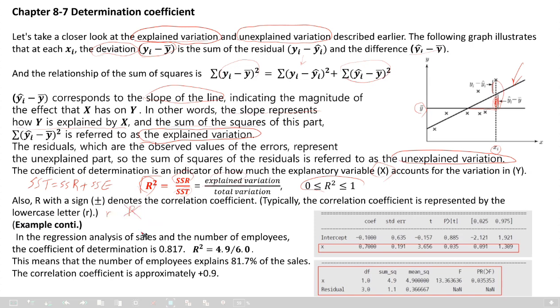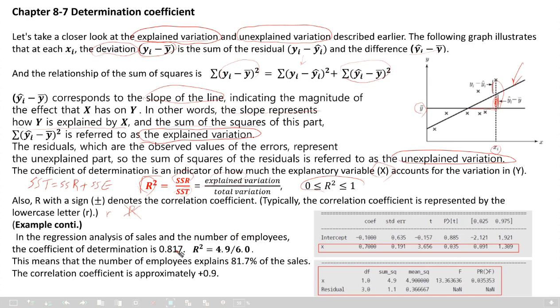Okay? Example. It is simple, but a very neat explanation of R squared, I think. In the regression analysis of sales and the number of employees, we have seen this example. The coefficient of determination is 0.817.